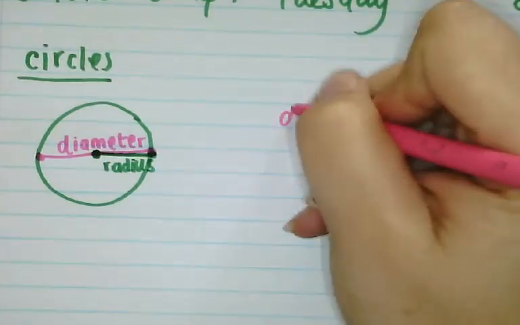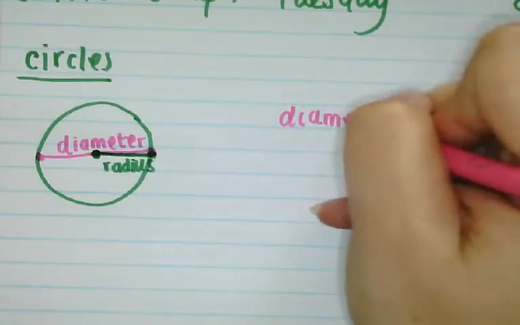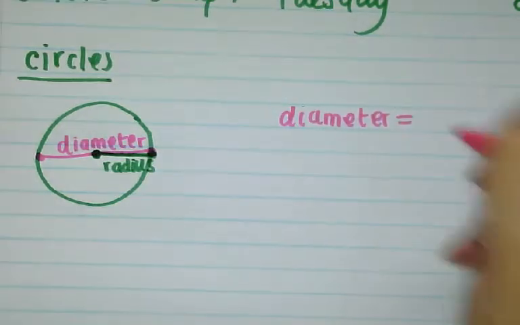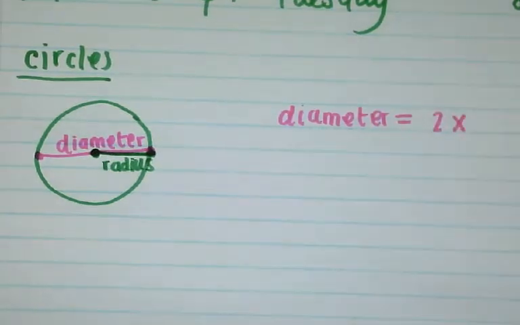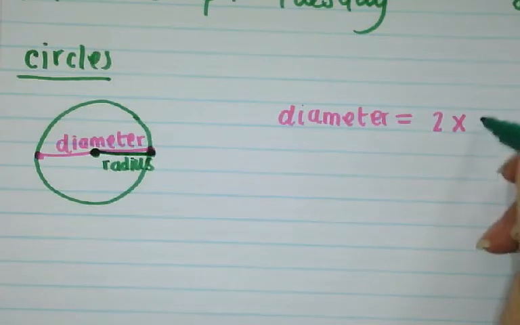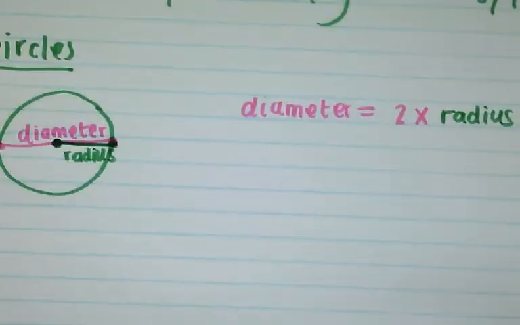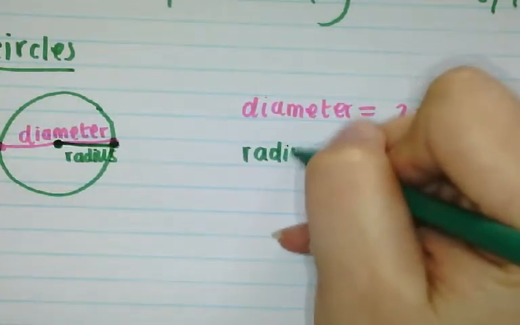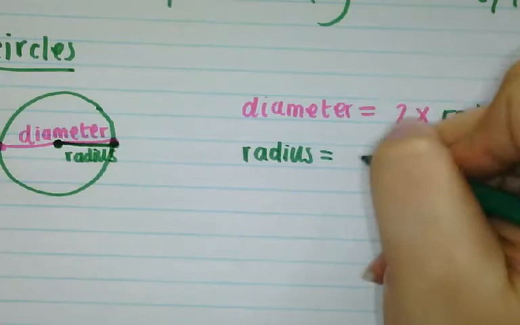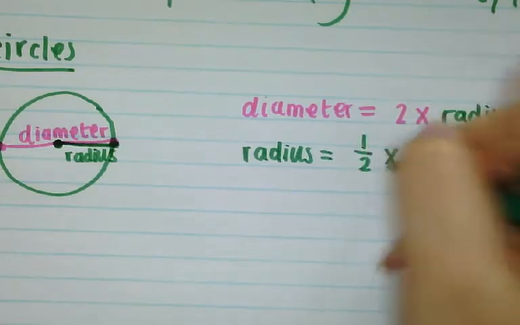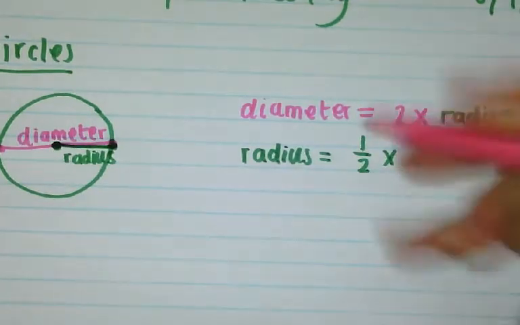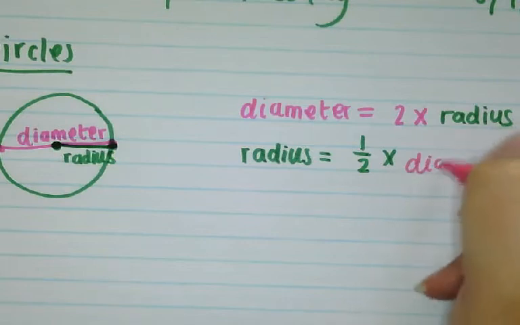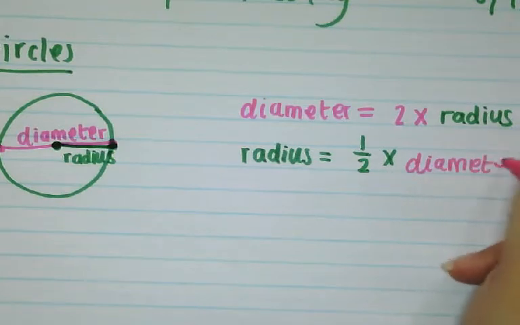So a diameter is equal to 2 times the radius or a radius is equal to half a diameter. Just a quick refresher.